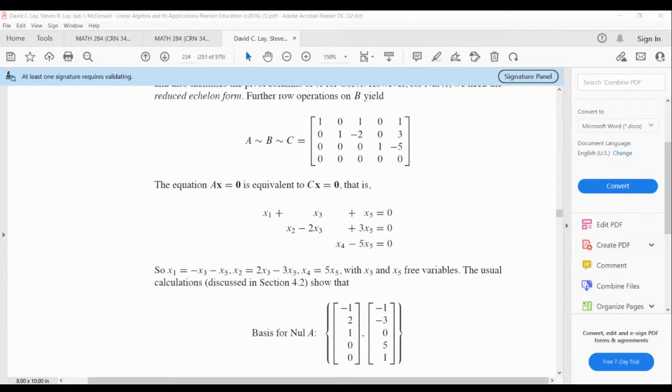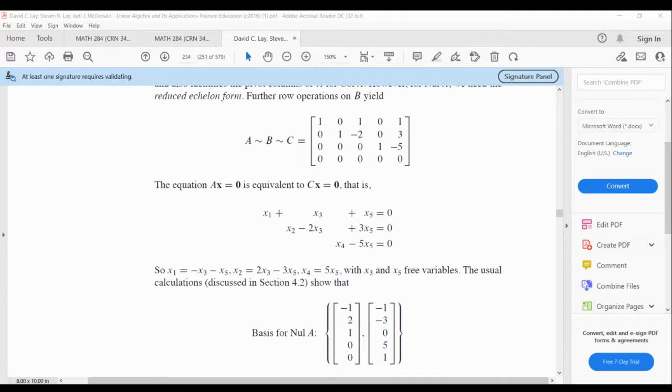How many vectors were there in the basis for the column space of A for this problem? In other words, the dimension of the null space of A is 2. What was the dimension of the column space of A for this problem that we were working on?